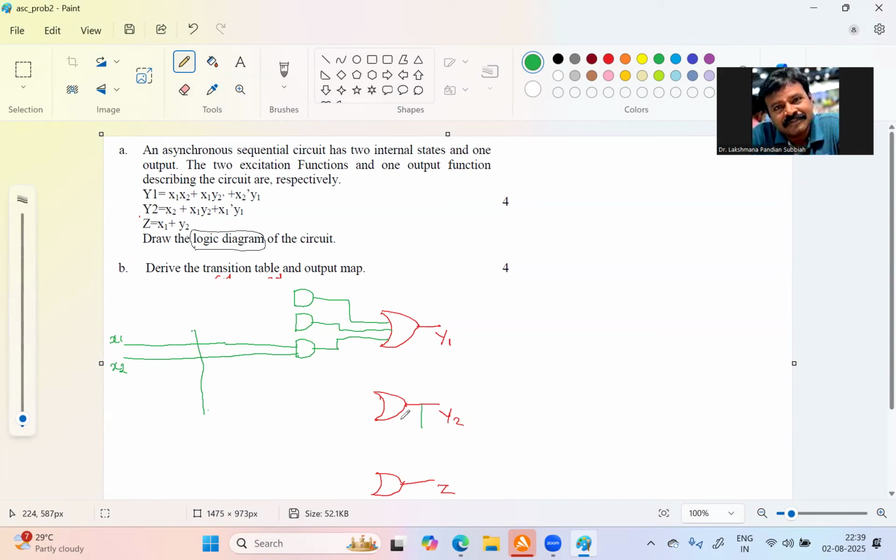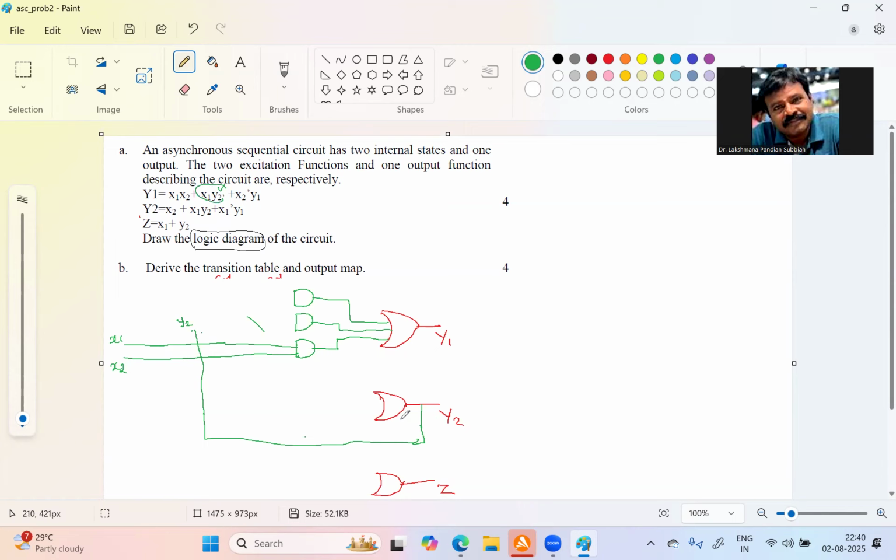Small y2 is the feedback path. Capital Y2 is the excitation variable. So y2 dash is required, for the term x1, y2 dash.